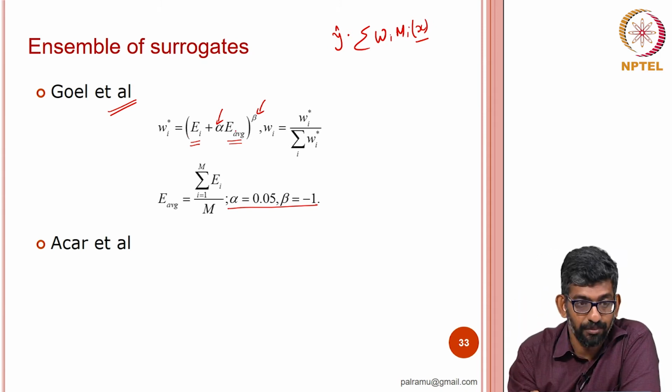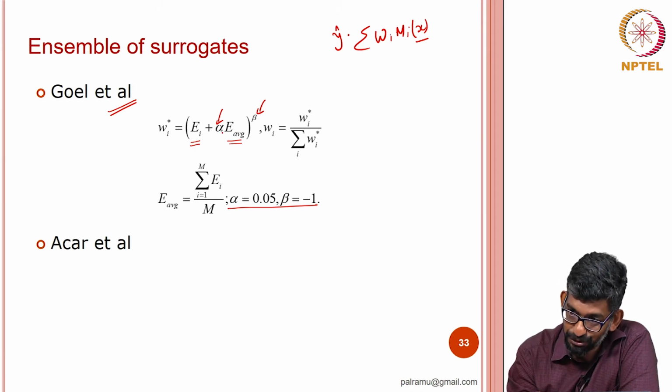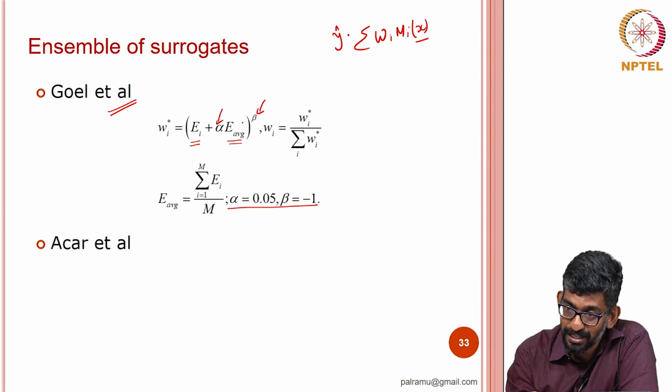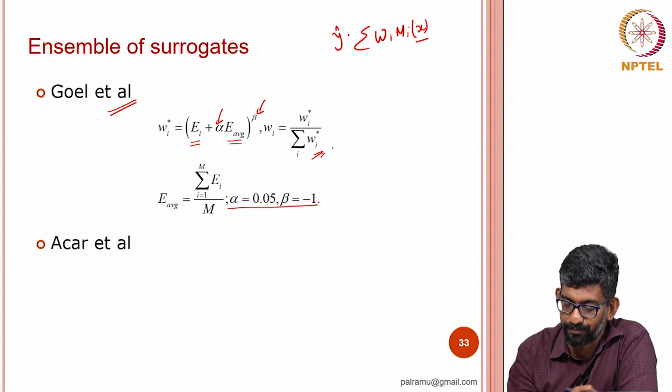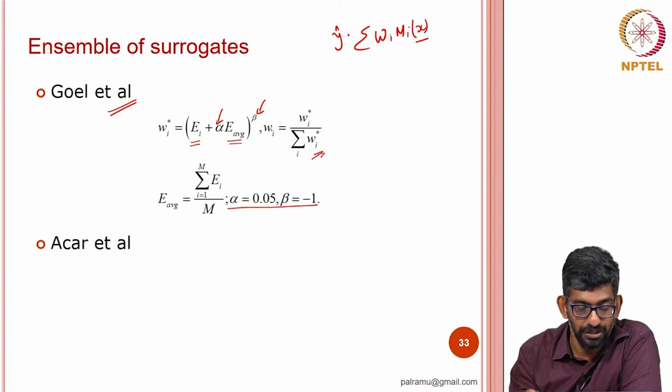So, alpha times that. How much alpha do you want to give? If this error is less, then I will give less weightage to this one, but I want to balance that. So, I am also putting a plus beta raised to beta, and finally your weights will be like this, W_i star that you get for each of them, and then you sum up all of them. This is just normalization, and you will use these weights to finally run your ensemble.